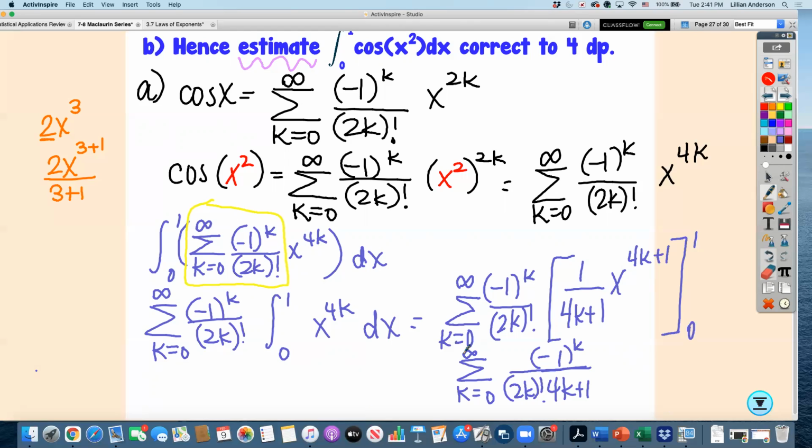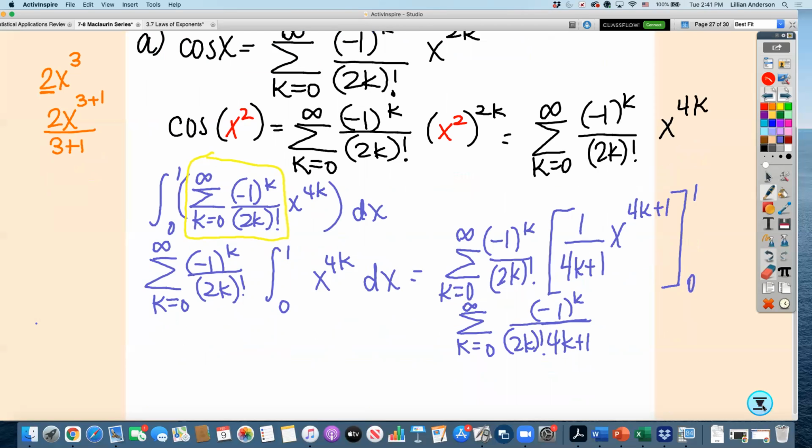Well, I'm not going to plug in so many values of k, because after a certain point this number is going to get really, really small, to the point where it's outside of 4 decimal places. Those numbers aren't even going to affect that 4th decimal place. And also, it's an estimate, so that's another thing to keep in mind. As long as we get to the 4 decimal places, we're good.